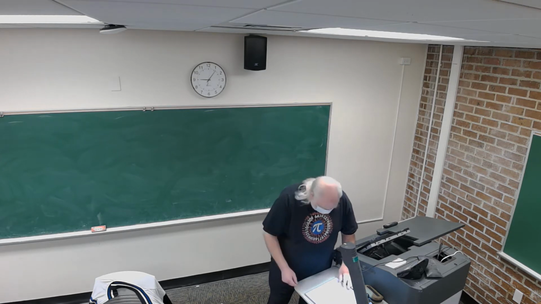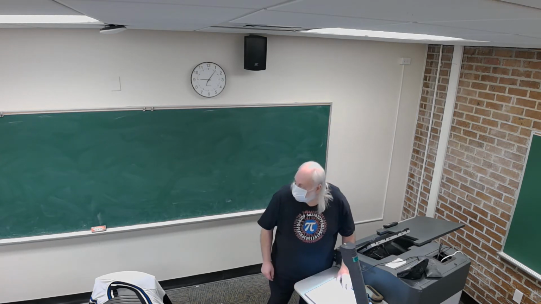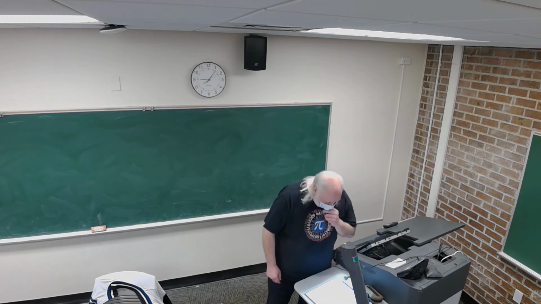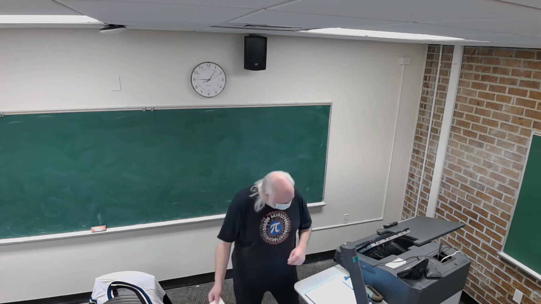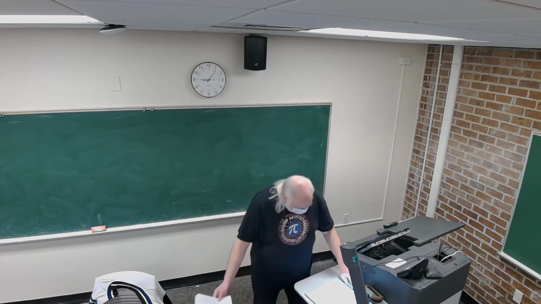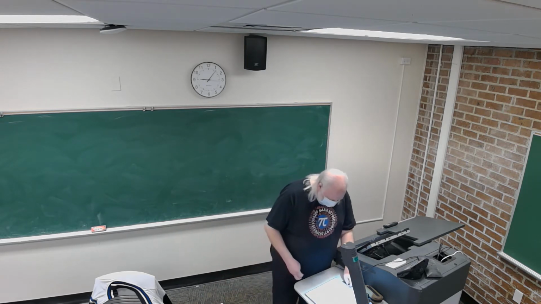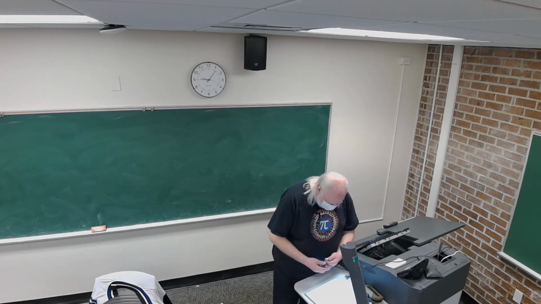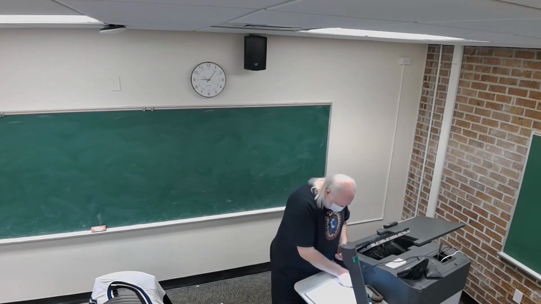So on page 2, we're going to talk about parallel and perpendicular lines. 2 non-vertical lines with slopes M1 and M2 are parallel if and only if their slopes are equal. Okay?